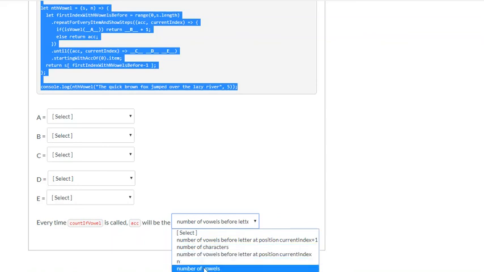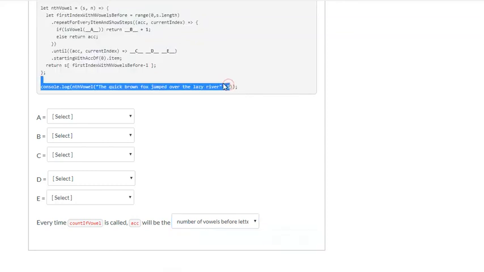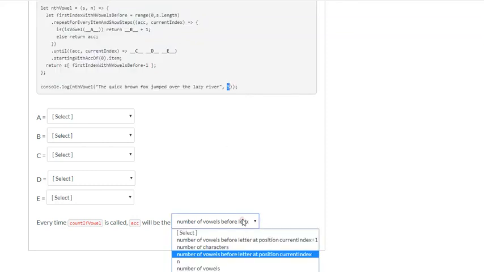Number of vowels, again, always staying the same, the total number of vowels in the string, that's not what the accumulator is. Sometimes the accumulator is 0, which is also why it can't be the number of characters. It's not going to be n, which is always going to be 5 in this example, or whatever you give the input. If you give an input of 7, it's always going to be 7. The accumulator is not always 7.